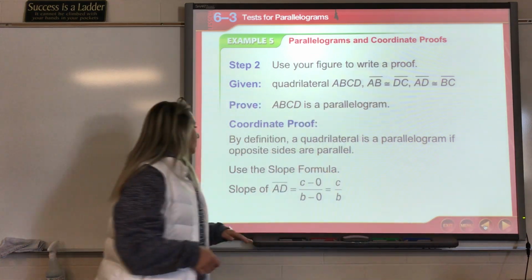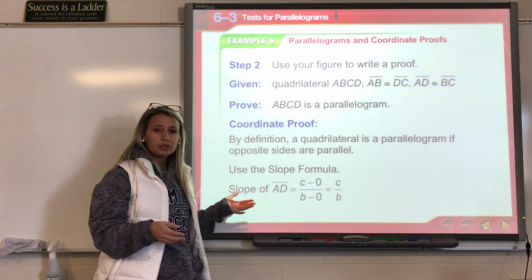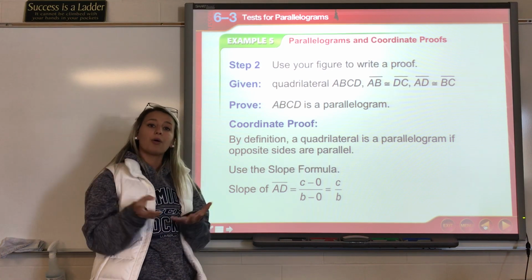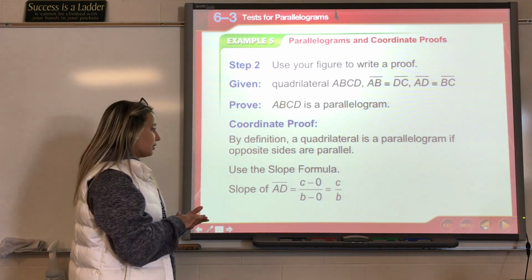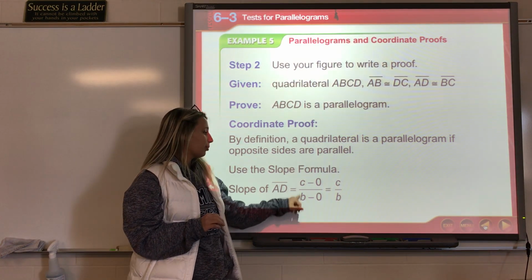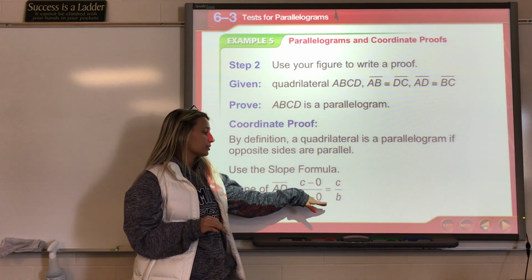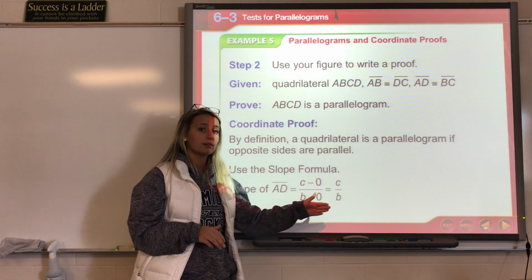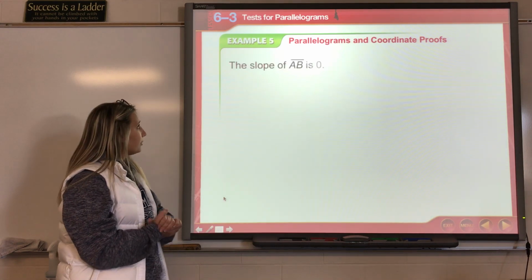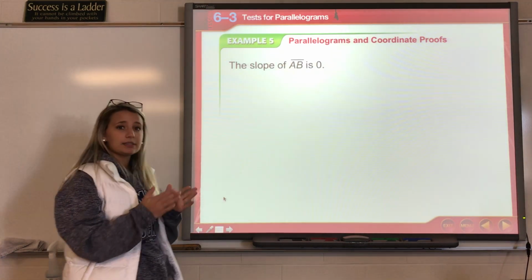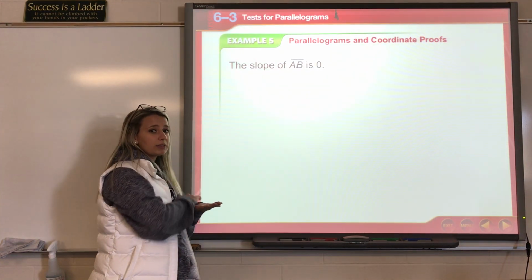Okay, so we found the slope of AD using those points on our coordinate proof that we constructed. When we take our point (B, C) and our (0, 0), we get C over B. The slope of AB is 0 because that was just a horizontal line.